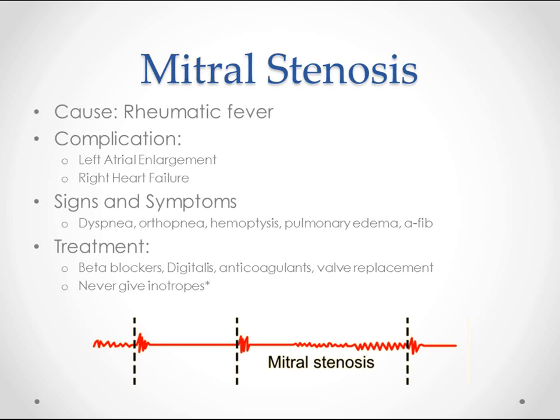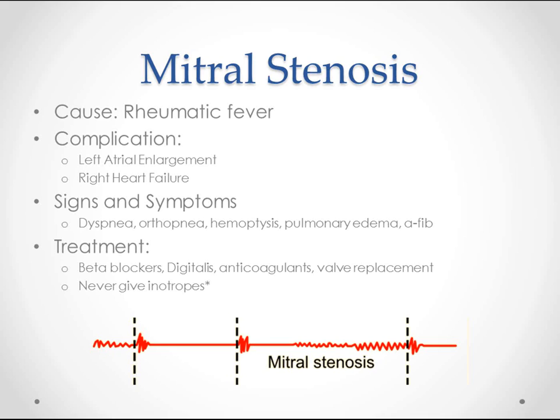So this is a little bit different than the left atrial enlargement that we saw with mitral regurg, because now we have an increase of pressure butting up against that mitral valve. So it's harder for blood to get down into the left ventricle.